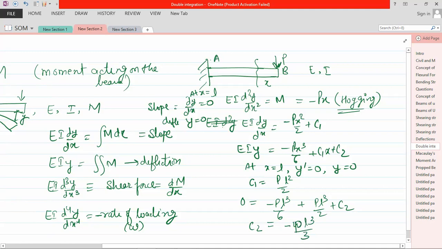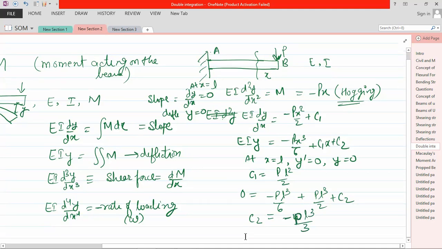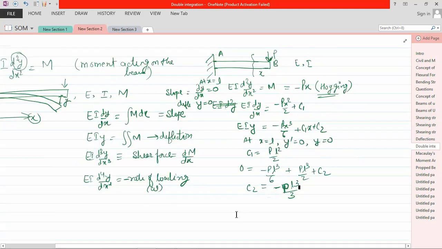If you solve it, that means we got the two constants. Now we can write EI y is equal to minus P x cube by 6 plus P L square by 2 into x minus P L cube by 3.